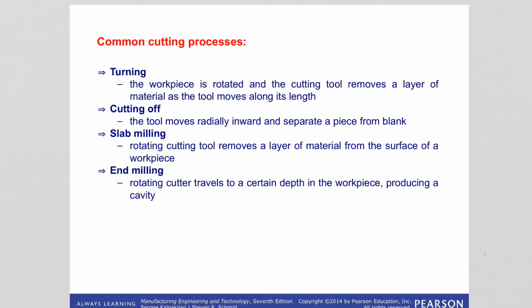Here are some common cutting processes: turning, cutting off, slab milling, and milling. What is turning? The workpiece is rotated and the cutting tool removes a layer of material as the tool moves along its length.